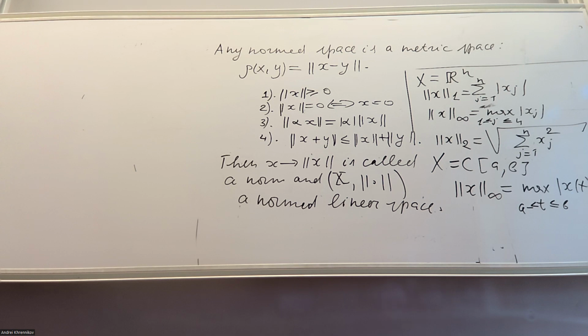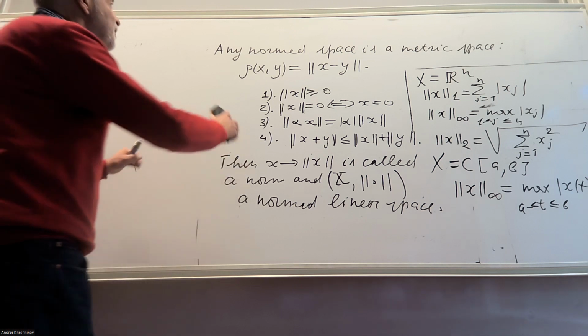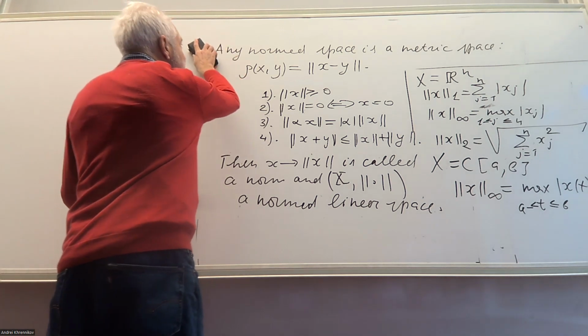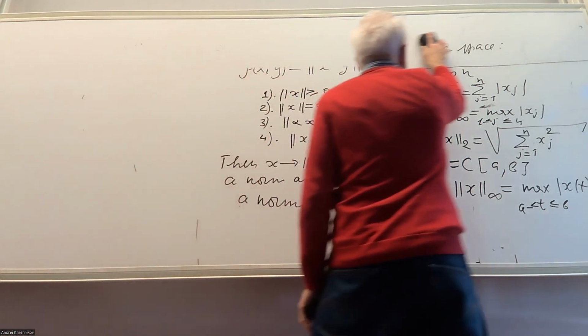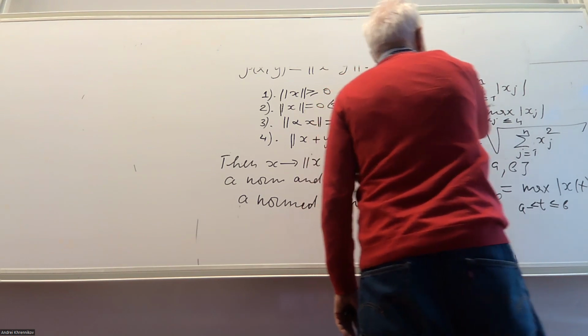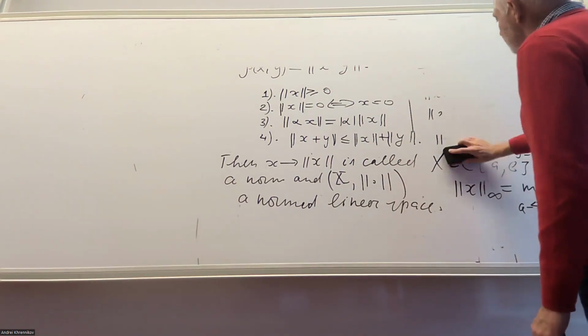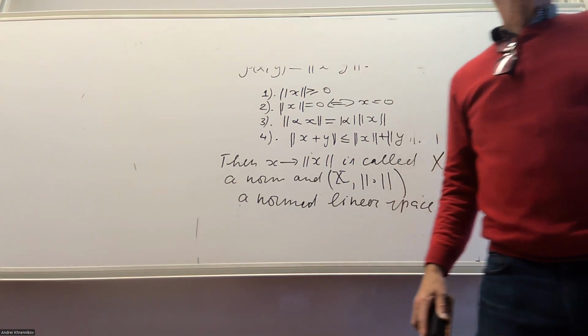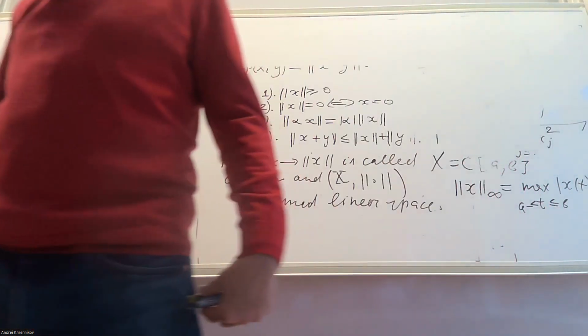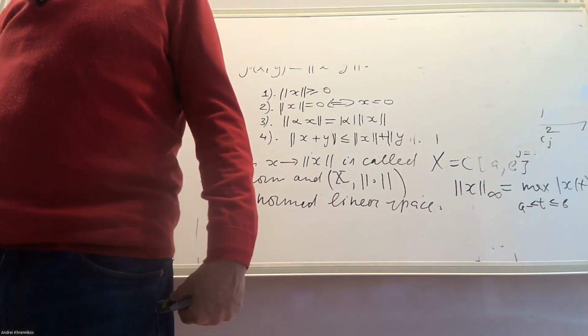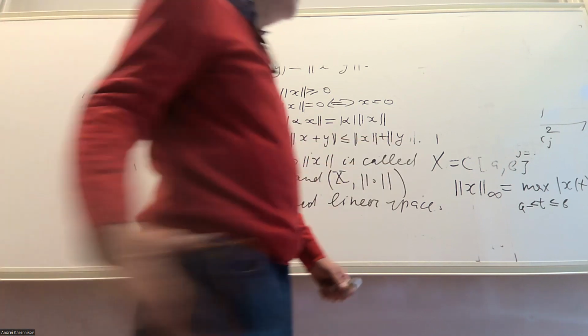Good. And now I go to the notion of Euclidean space. Maybe you even considered this in the course of linear algebra. Did you consider such a notion as scalar product or inner product of two vectors? Yes, I think yes, because without them it's impossible to do.